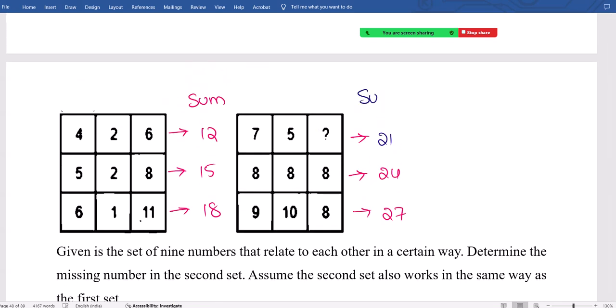Or the other logic is, you see everywhere A, B, C, C is nothing but twice A minus B. Guys, this logic also you check it out. A, B, C, row wise, C is nothing but 2 times A minus B. 2A minus B.